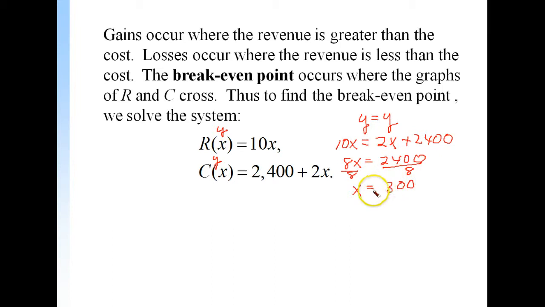Now, what's the significance of this answer? Well, the significance is that we have to sell 300 units to break even. And we did so by equating our revenue equal to our cost. This is revenue equals the cost. y equals y. Again, this is something from earlier sections.